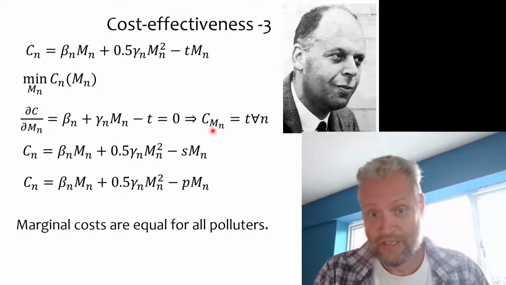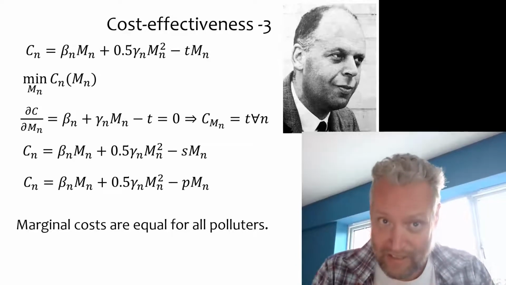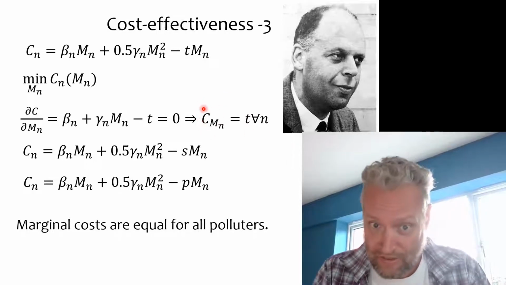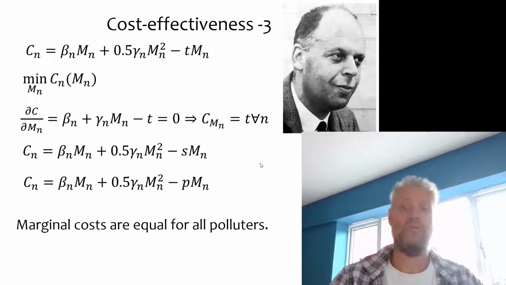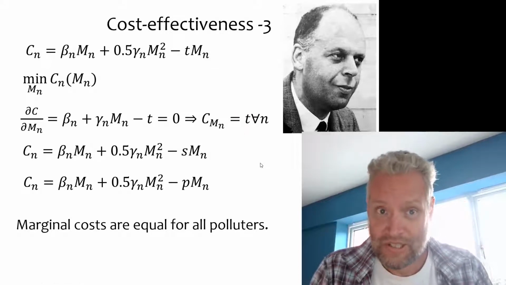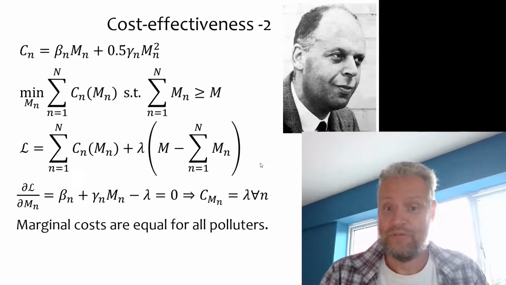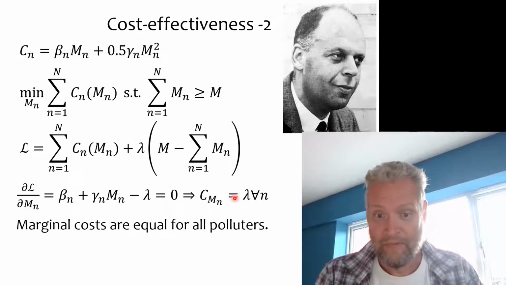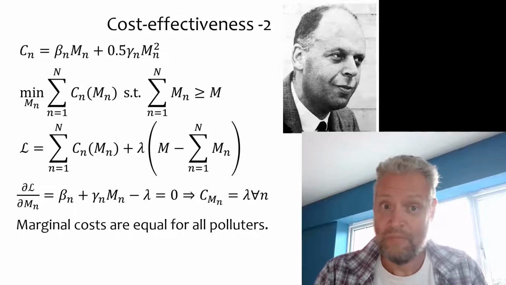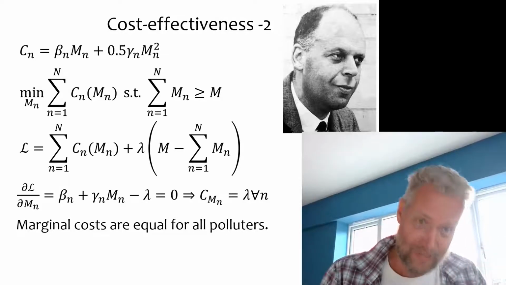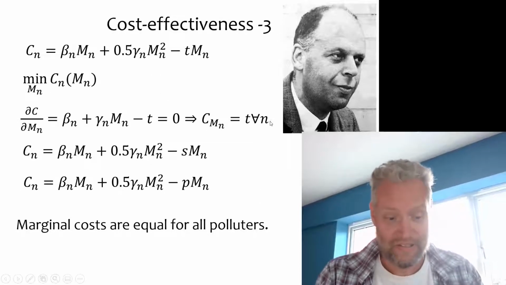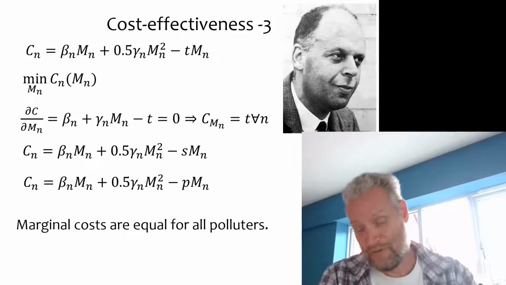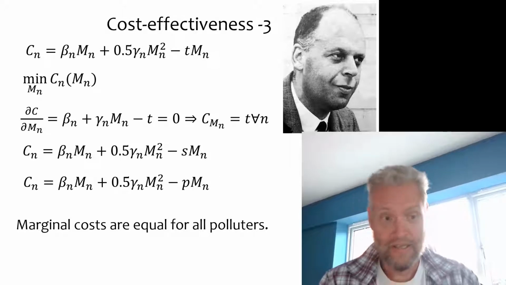So bring T to the other side of the equation, and what you have is that with a system of environmental taxes, the costs at the margin of every polluter n is equal to the emissions tax T. And this is just the first order condition for a social planning exercise where the lambda is replaced by a T. But the condition here is that the costs are the same at the margin for everybody, and the solution here is that provided that everybody faces the same tax, the costs are the same for everybody at the margin.